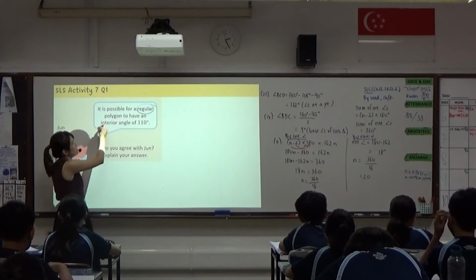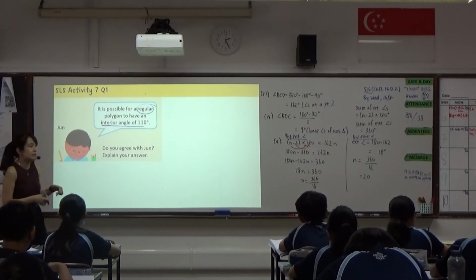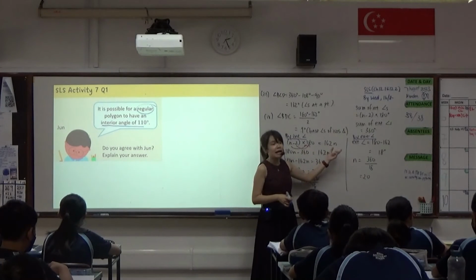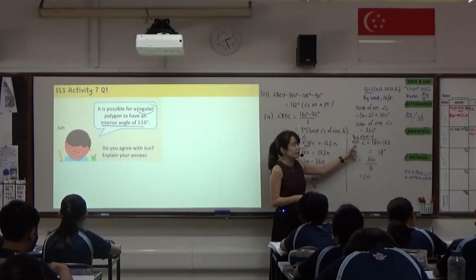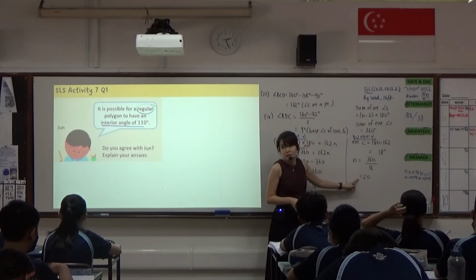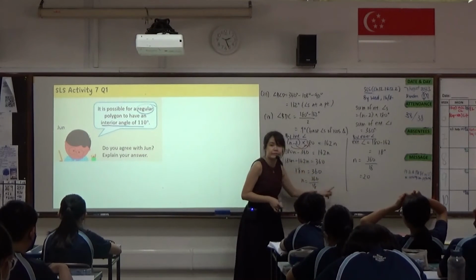Okay? Since I know the interior angle is 110 degrees, it's just like what we did earlier on. I had the interior angle, I can go and find the number of sides. Or else I can go and find the exterior angle and then I find the number of sides. Okay? My number of sides, what kind of numbers must they be?